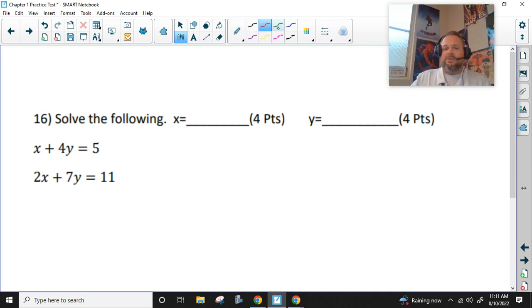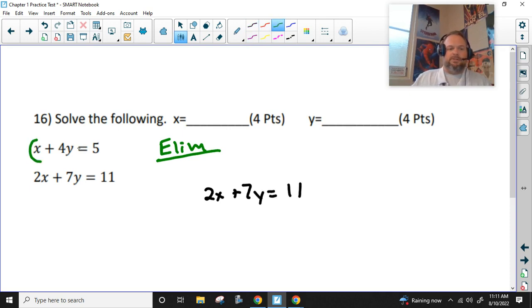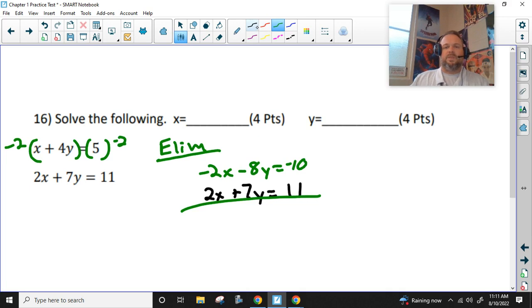If Mr. Jeffries does elimination and I leave the bottom the same, because there are multiple different ways you could do this, you're going to end up with negative Y equals 1. Yep, thank you. I think I did that wrong on your paper, Evan. Sorry. So Y equals negative 1.